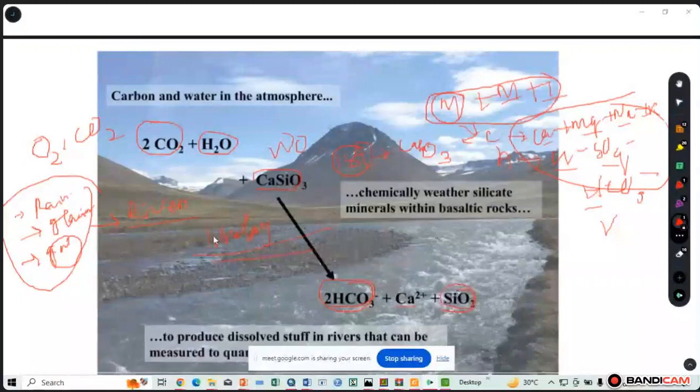Mainly all things depend upon their lithology, across which the river is flowing, or the source and storage of the groundwater. Mainly the ions present in the water depend upon their lithology.